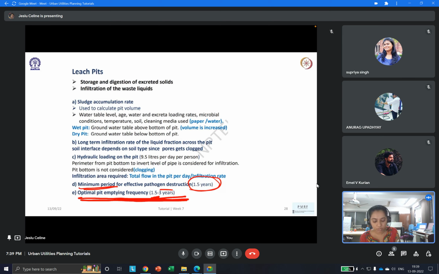When we're using a leach pit, that destruction would happen in 1.5 years. So after 1.5 years, you can start cleaning it. If you do it earlier than that, it won't be treated, and we will not get the whole effect of putting a leach pit. So we'll be removing it in between. Every 1.5 to 3 years, if you periodically keep cleaning it, then it would be the best.